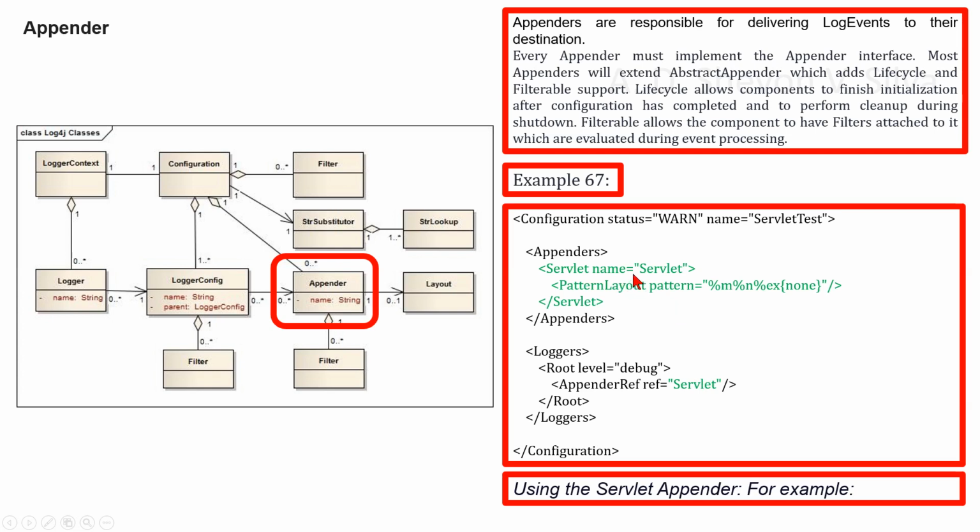For example, here, to avoid double logging of exceptions to the servlet context, you must use the percent sign ex none in your pattern layout.